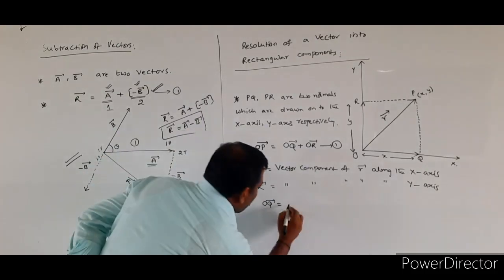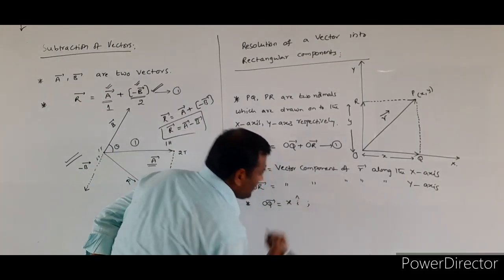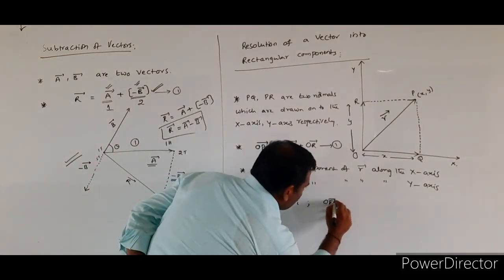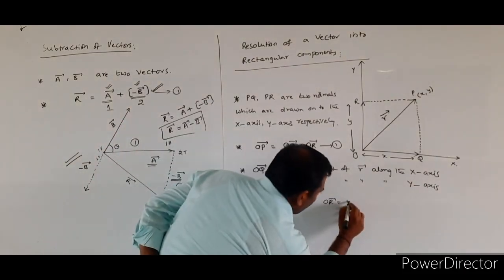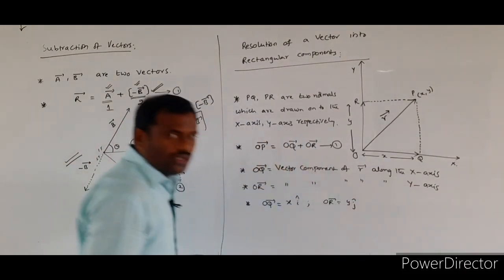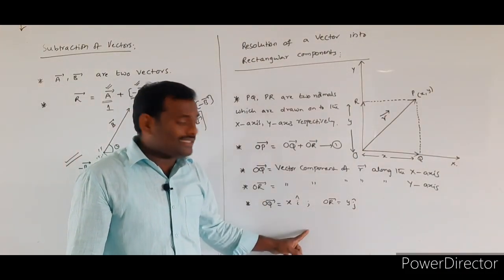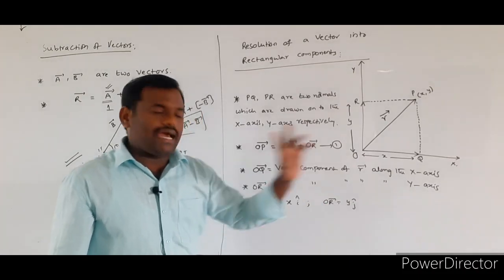Therefore, OQ bar is equal to magnitude into its direction, that is x into i cap, and OR bar is equal to y into j cap. So OQ bar is the vector component along the x-axis, and OR bar is the vector component along the y-axis.